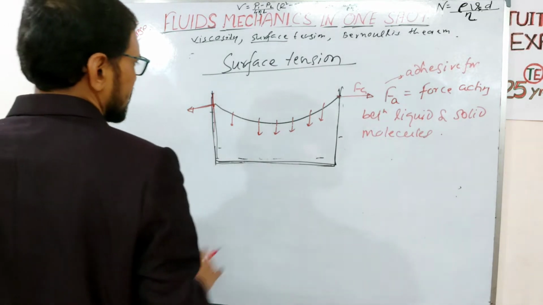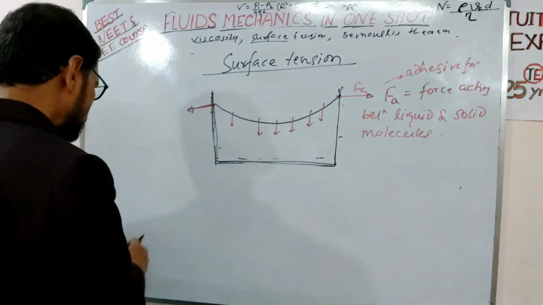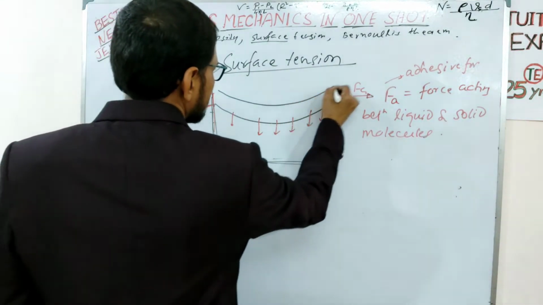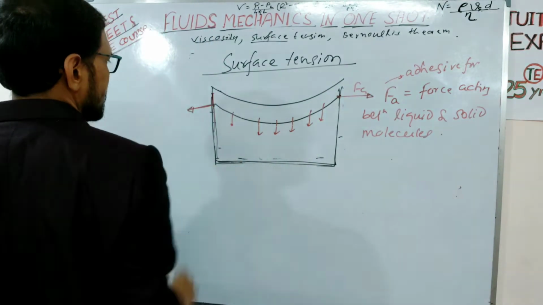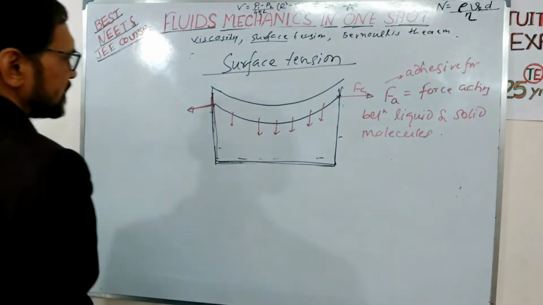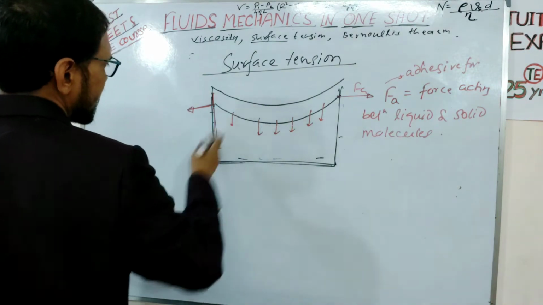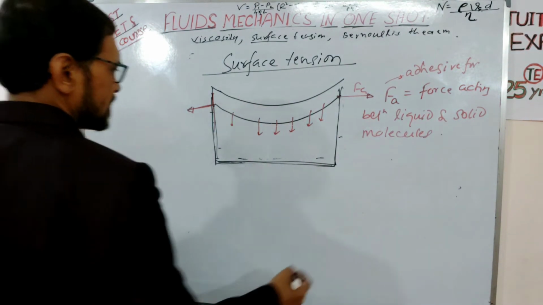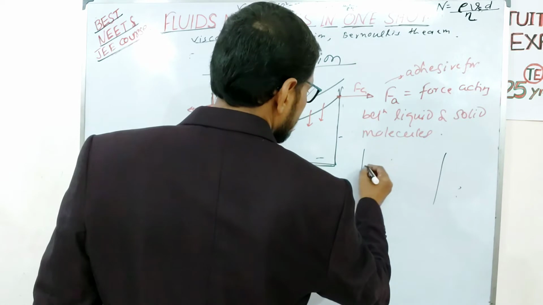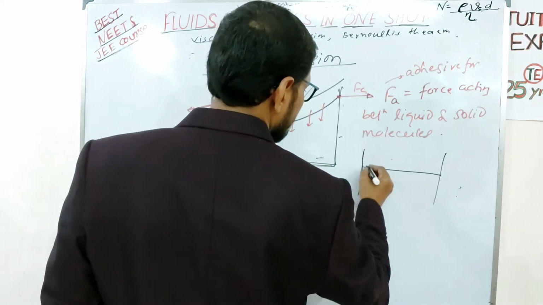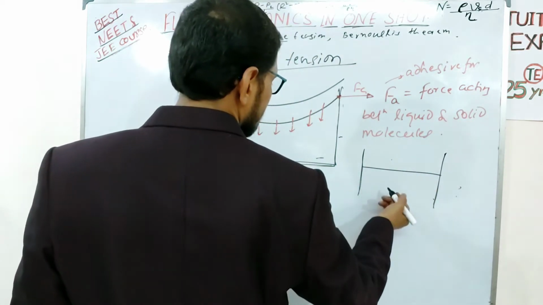Now the surface is extended. As the surface is extended, a tension acts on the surface this way. Suppose this is a string supported by two vertical walls.